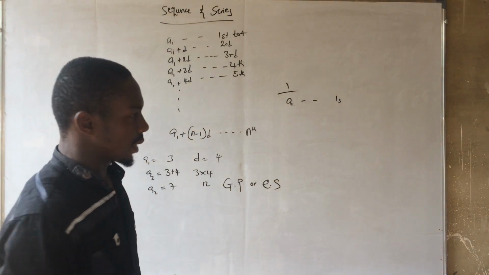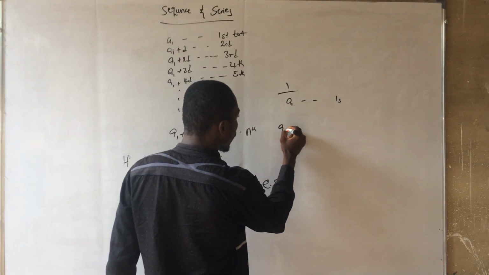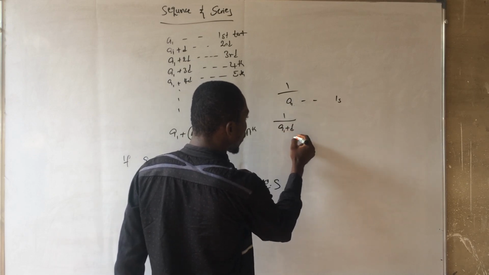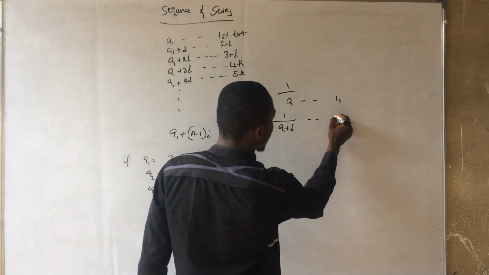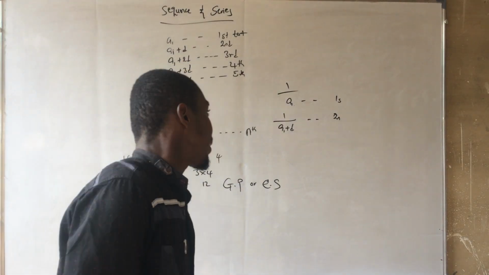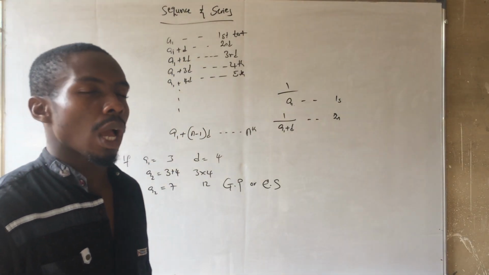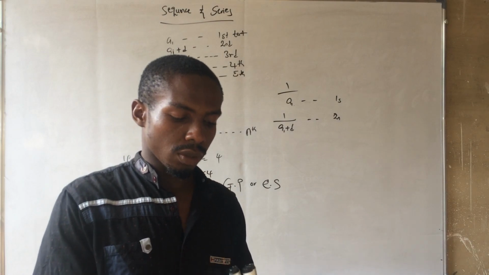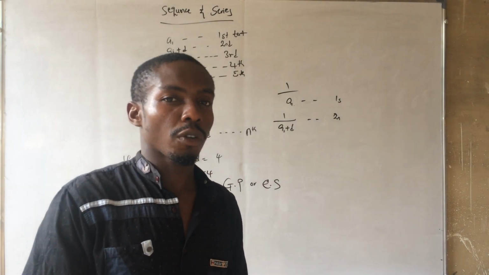The mind said yes. And instead of saying A1 plus D, I will now say 1 over (A1 plus D) as the second term. Yes. I went to research and found out that this is called harmonic progression.